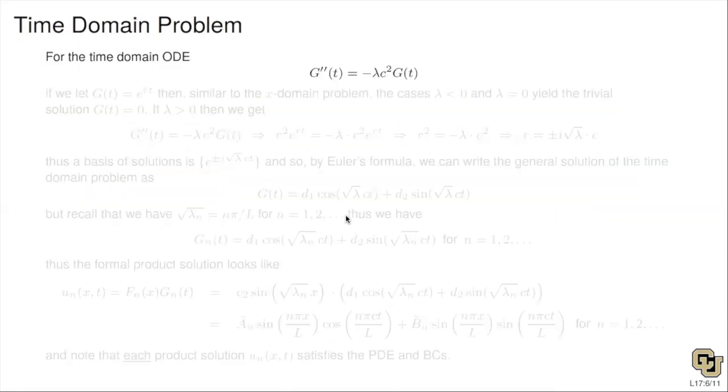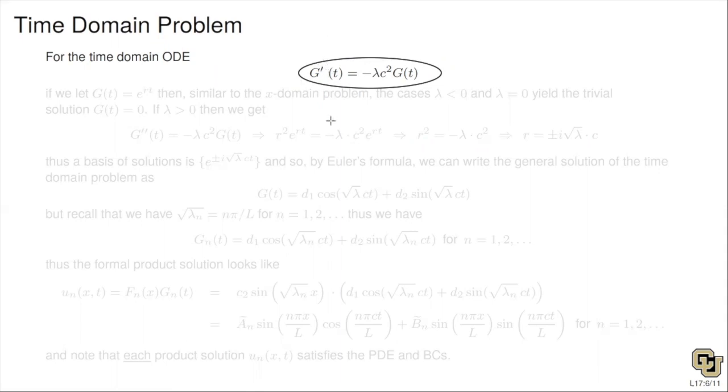Now when you do the time domain problem, here's where it's slightly different. Mathematically, it's not hard. It's just different from the heat equation. Remember, by way of review, in the heat equation we only have the one derivative, g prime.